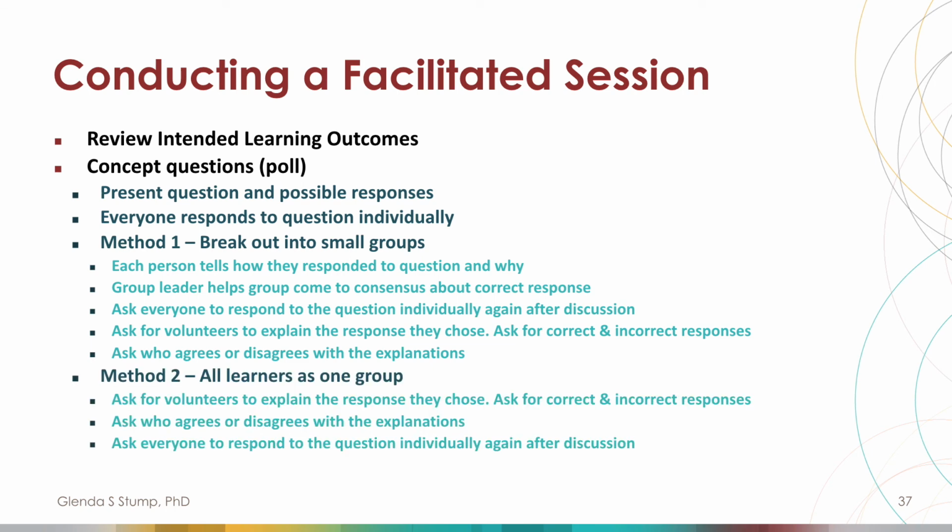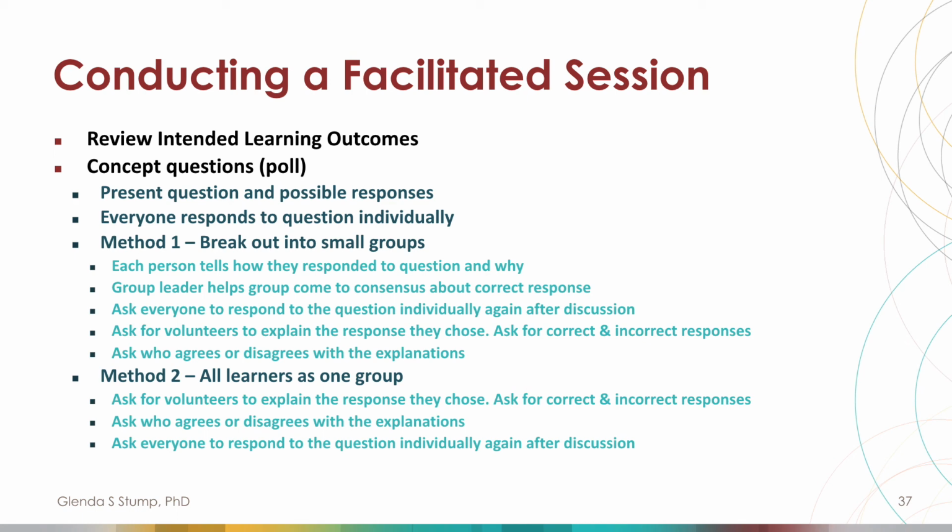Sometimes we add a second poll question depending on time, and for that one we do not use extended time for discussion. We don't break out into groups. We keep the discussion in one larger group. So same procedure initially. We present the question and the possible responses.